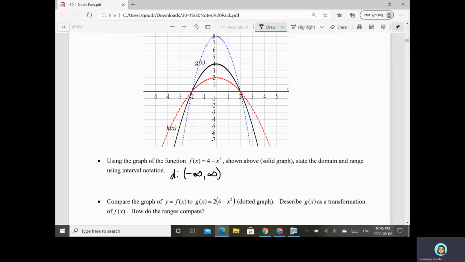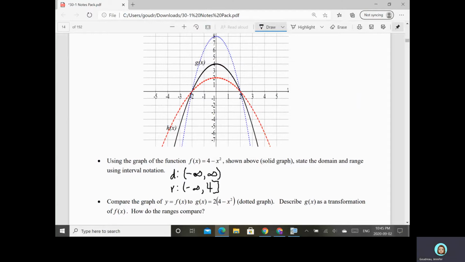Our highest y value here is positive 4, but because this opens down, it's going to continue down, down, down forever. So our lowest y value is negative infinity. So our range is from negative infinity to positive 4. Because 4 is included in the range, we're going to use a closed bracket around it.